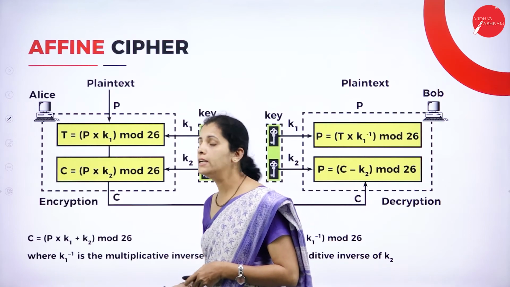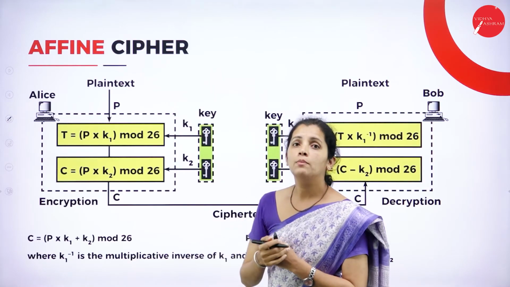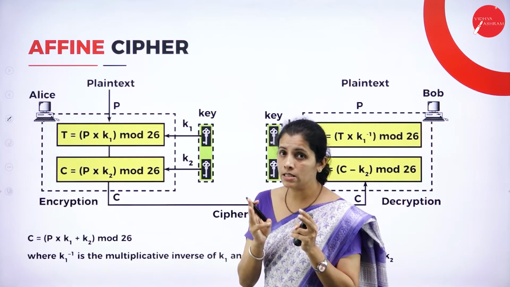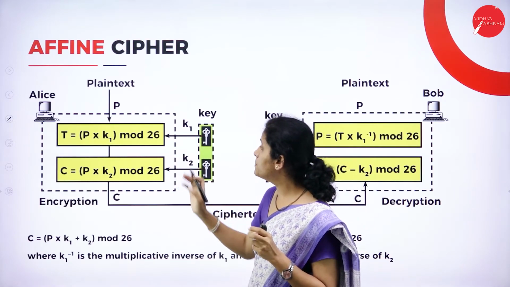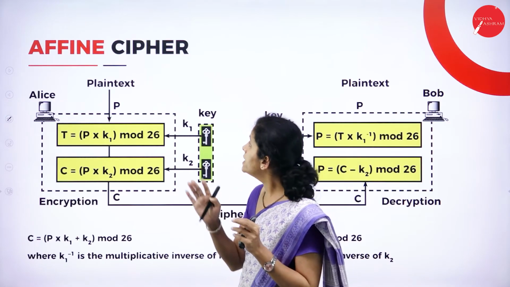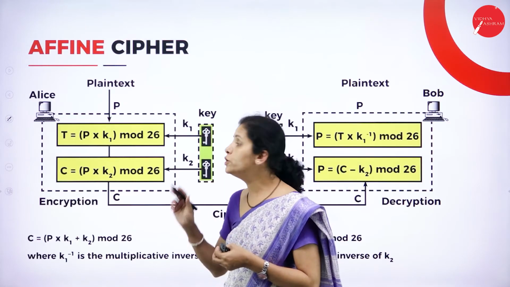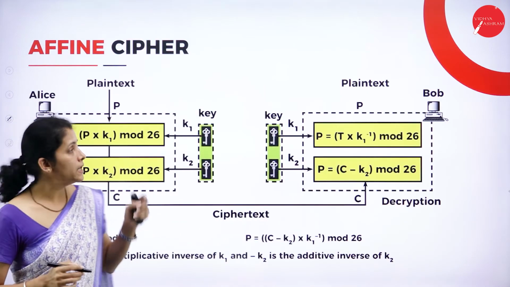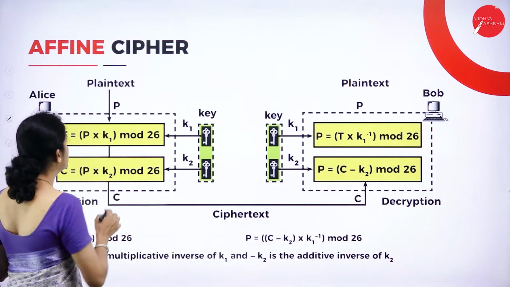So dear student, in affine cipher, I'm going to use two types of keys. One is for multiplication and one is for addition.